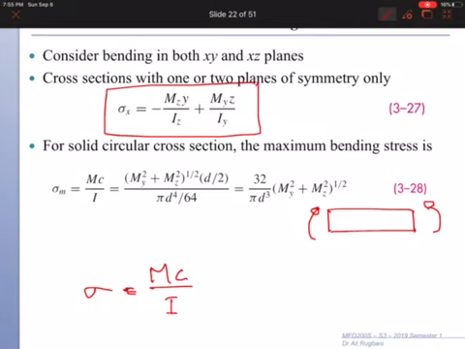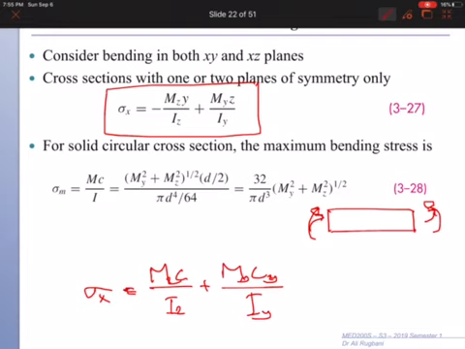So what if we have bending in two planes? That means we have bending in this direction and then bending in this direction also, vertical and horizontal. Then you need to add them. If it is sigma x, then one of them will be in the z direction and the other one in the y direction.